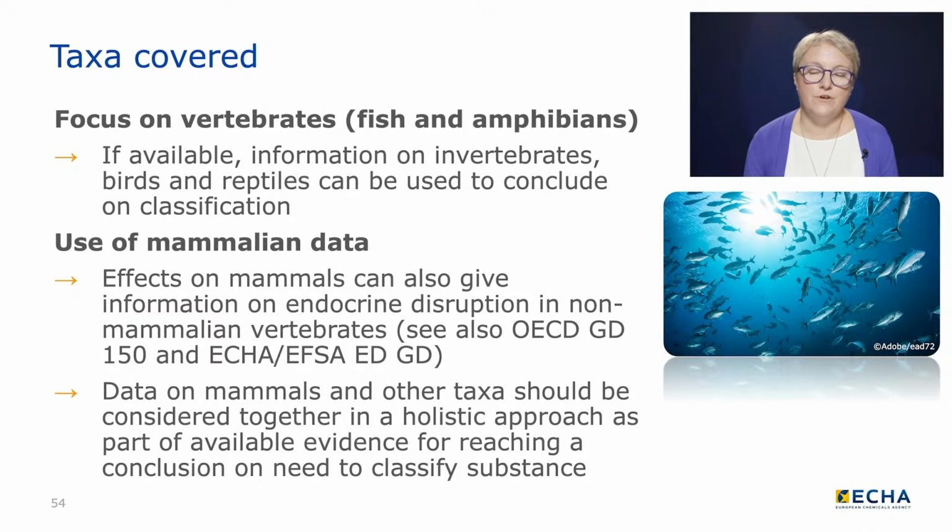Regarding the use of mammalian data, as indicated in both OECD Guidance 150 and ECHA guidance, information on mammals can inform about endocrine disruption of non-mammalian vertebrates. However, data on mammals and other taxa should be considered together in the holistic weight of evidence approach.